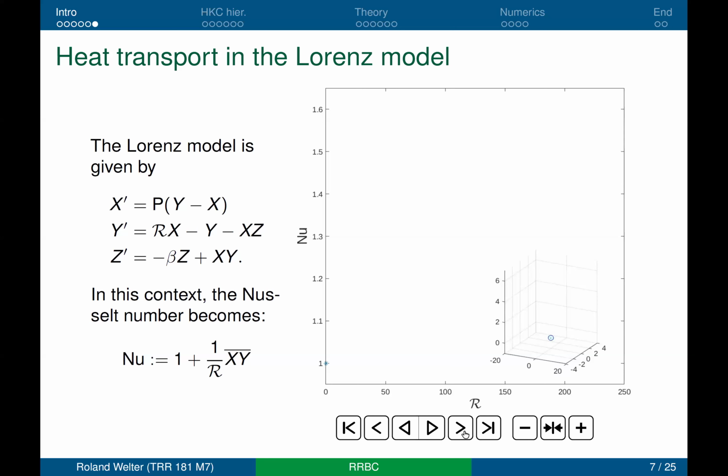The origin is the global attractor. But when you increase the Rayleigh number, a pitchfork bifurcation occurs, and you see the heteroclinic orbit from the origin to these now non-trivial fixed points representing the constantly overturning solution.